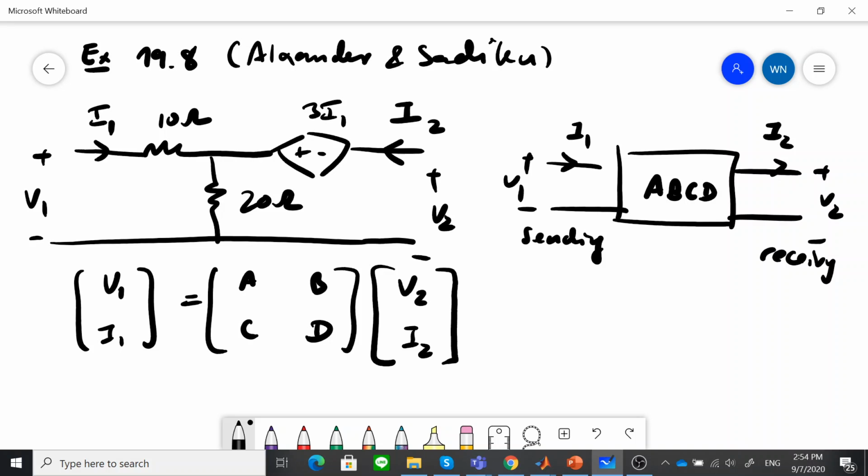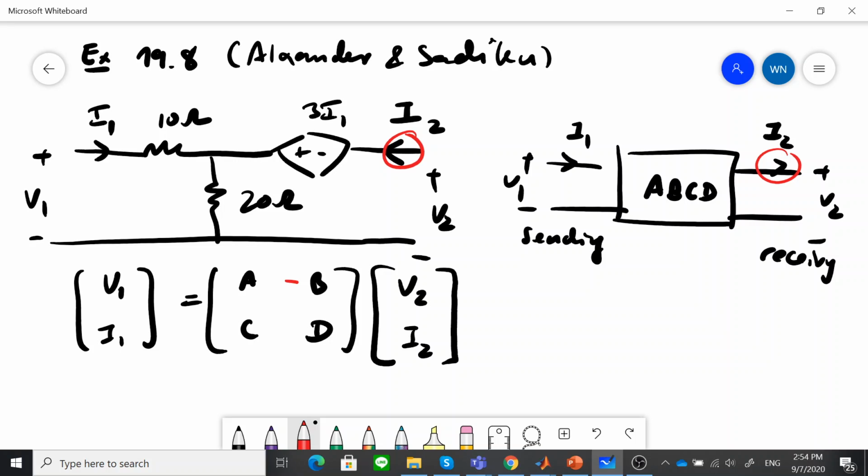You can see this is a different direction, so we have to put it in a different form. Please be careful with this.